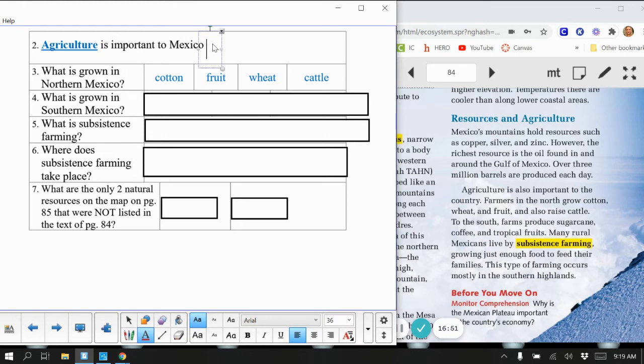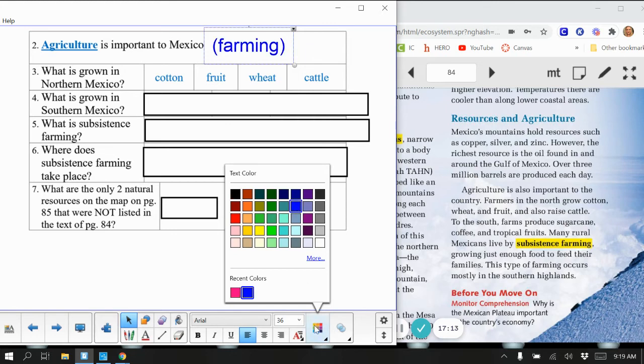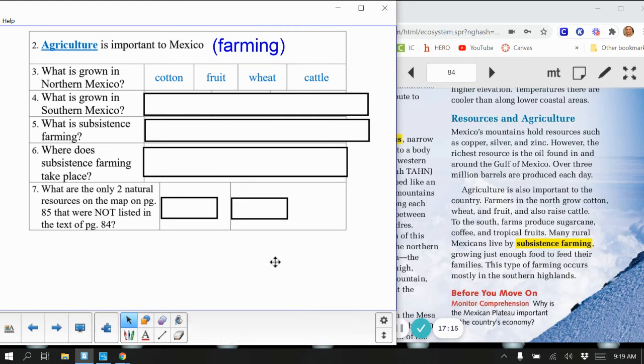Think about that, and I'm sure we've talked about this before, but agriculture is farming, okay? So that is what that means in case you are unsure. We'll make this also blue. Okay, so farming or agriculture is important to Mexico.